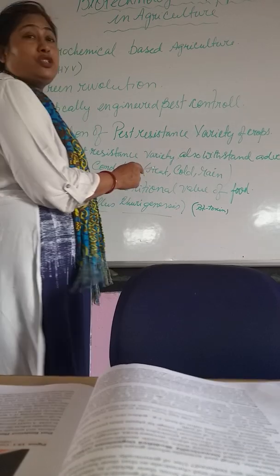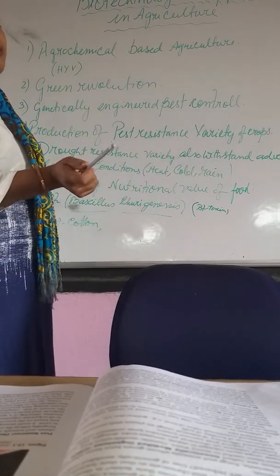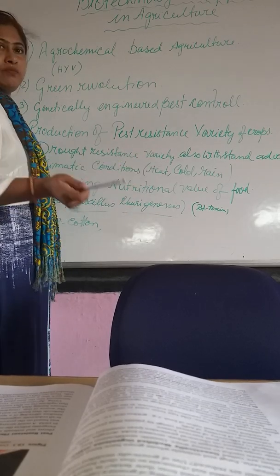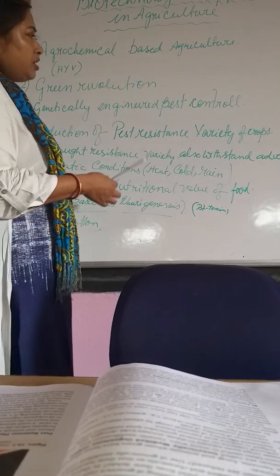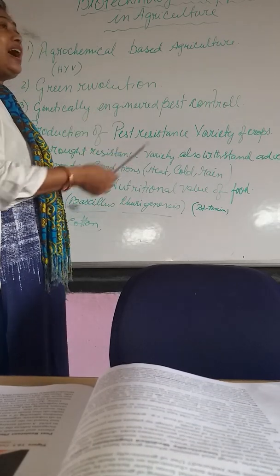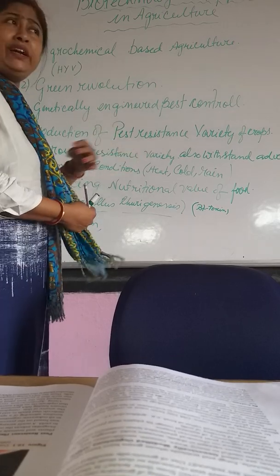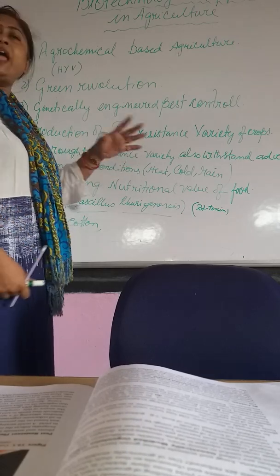Now some plants die. For example, potato, they belong to the Solanaceae family. That tuber grows maximum in Scotland, England, that side, which have a very severe winter. When there is severe winter, the total ground is covered by snow and the plant dies.